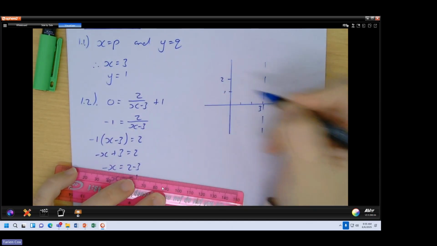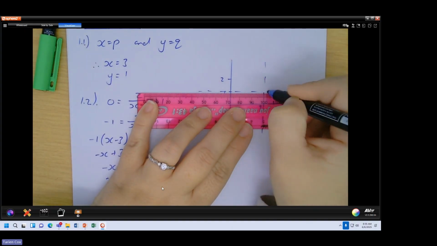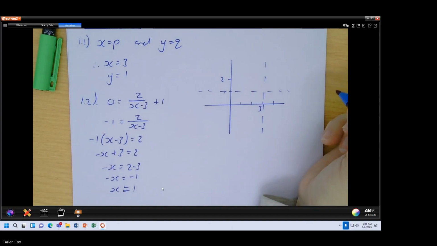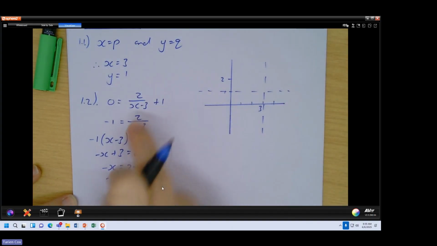I'm going to make my axis spread out a little bit more on my y-axis. So there I've got those two asymptotes, and then I've got an x-intercept at 1.